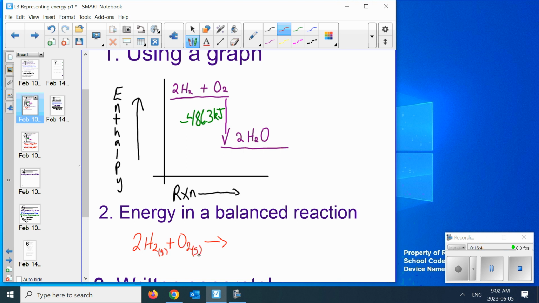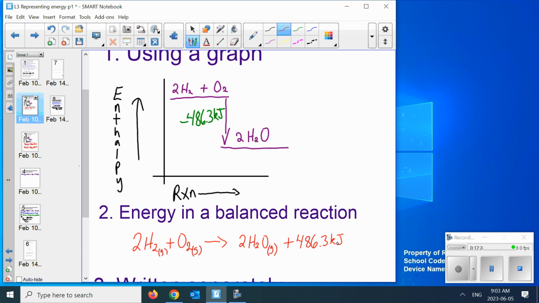What you make is two waters, the water vapor gas. And when it says loses energy, minus 486, that means it's throwing it out. It's also a product. So we're going to put it here, products. That gives me the exact same information that's given in the graph.